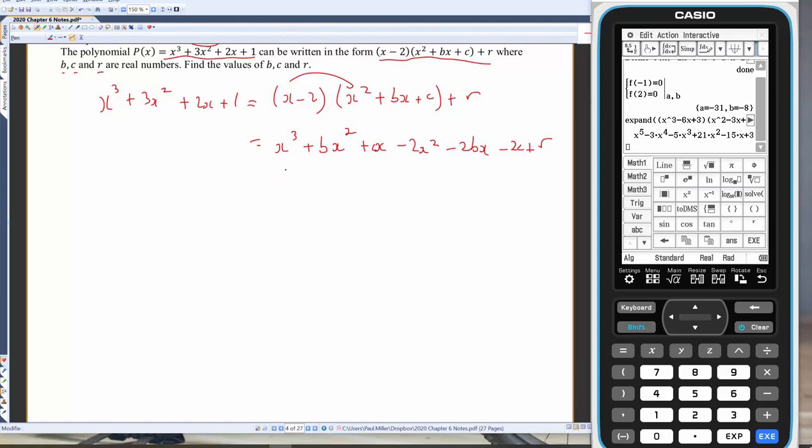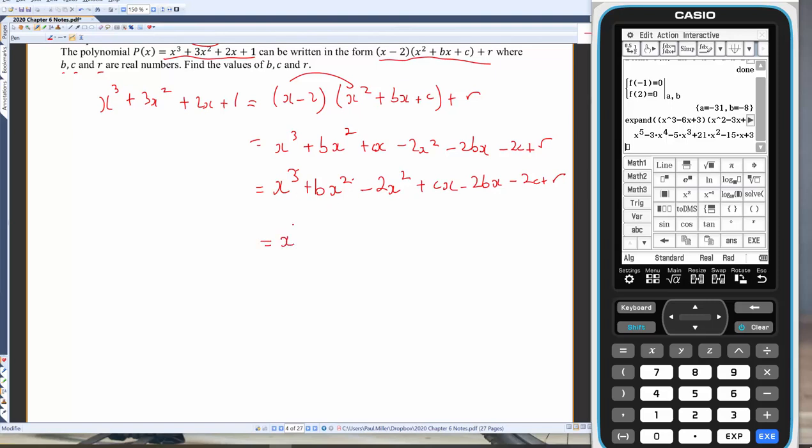Now let's put this together a bit better. I'm going to write this as x cubed plus bx squared take 2x squared plus cx take away 2bx take away 2c plus r. Now what I've got to do is get it down to one lot of x squared.